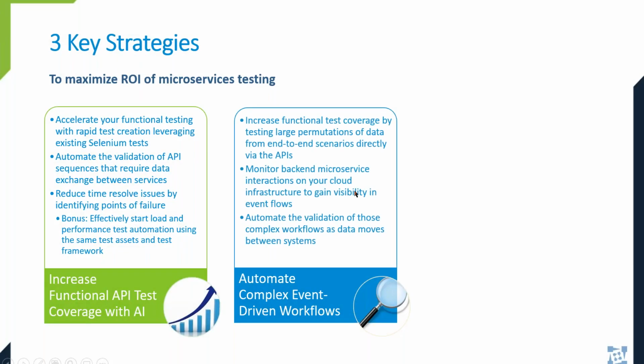Wonderful. Great presentation on that one, Wilhelm. In this second piece, what Wilhelm showed was how to get more visibility into the event-driven architecture. He started by taking that existing API test and creating a data model out of it, then generating a bunch of data on top of that, and then running permutation testing against the API.